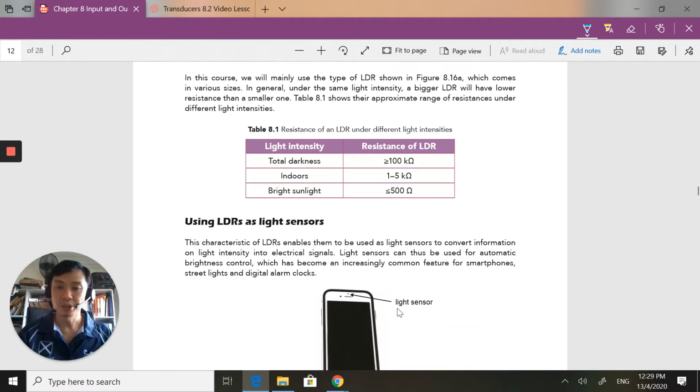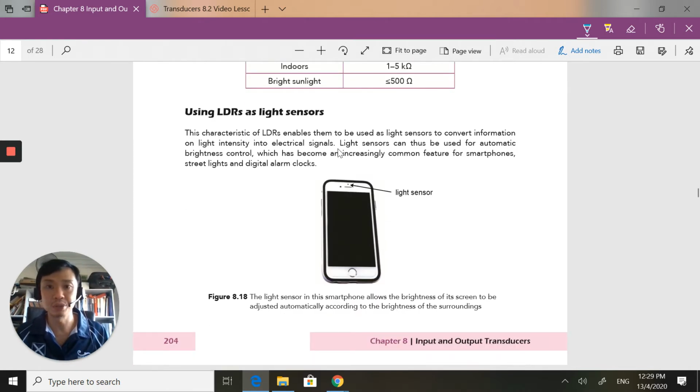LDRs are used as light sensors. In all our smartphones, we've got a light sensor. You'll notice that your smartphone is pretty smart.